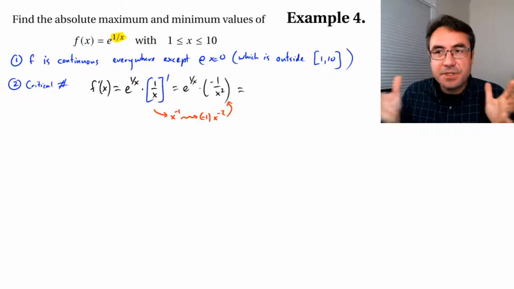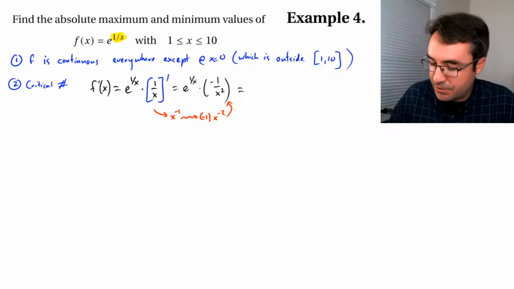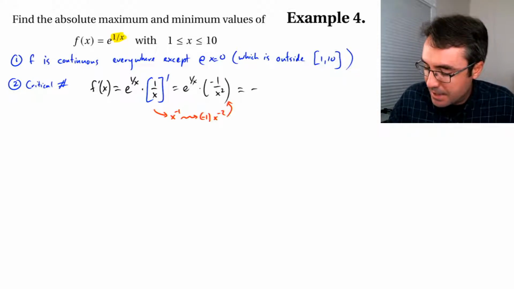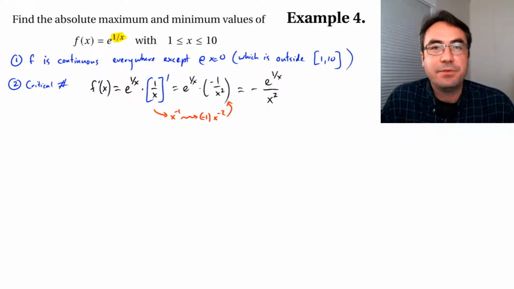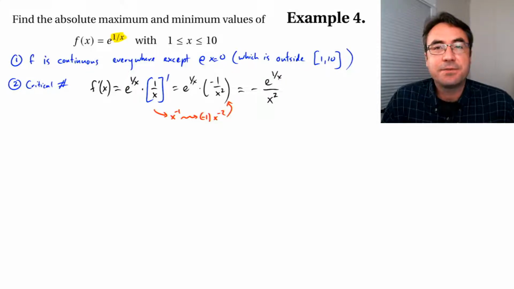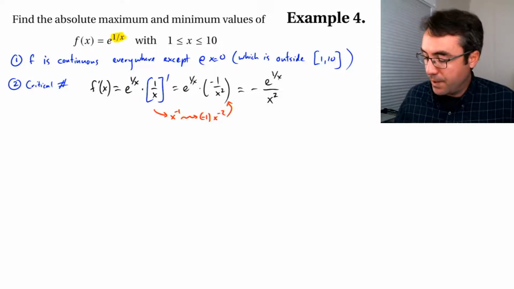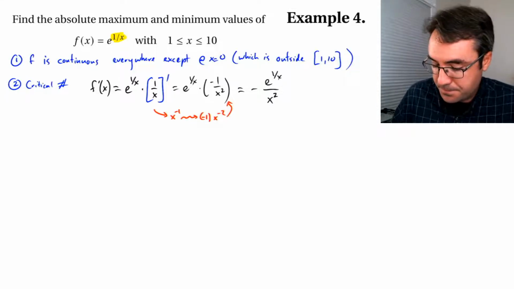And let's consolidate this into one single fraction here. So I'll put that e to the 1 over x on top, so we'll have negative e to the 1 over x divided by x squared. All right, so that's our derivative as a fraction.